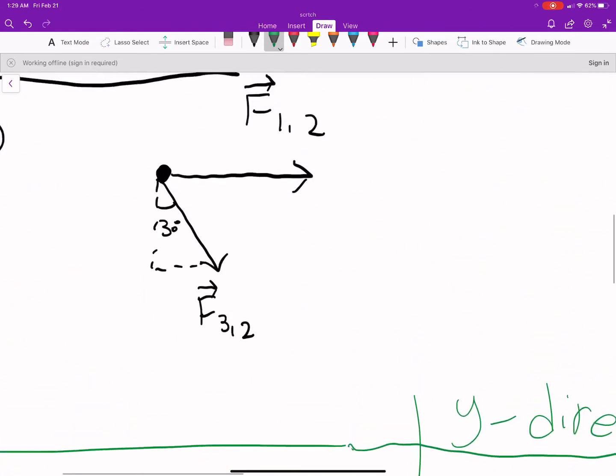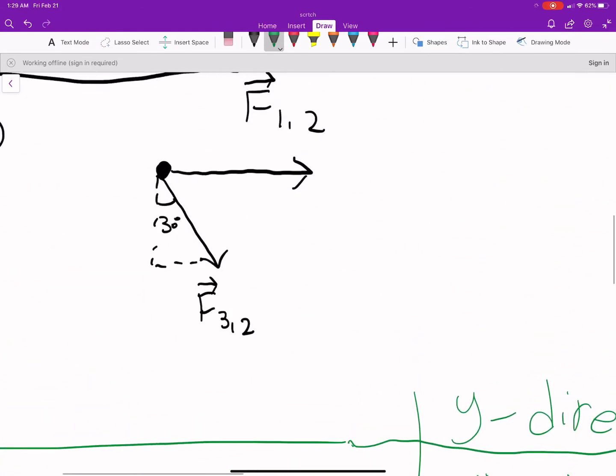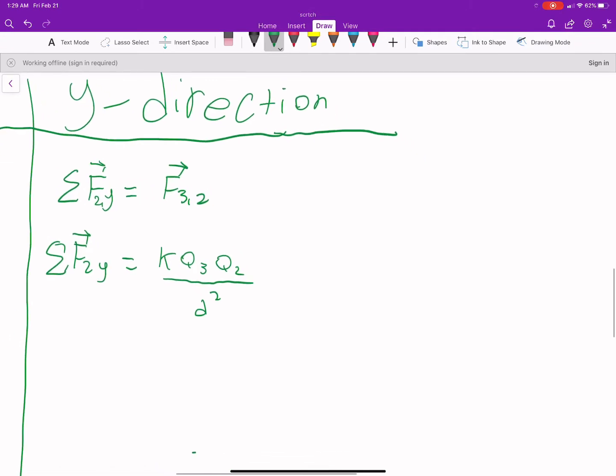And if we look at our free body diagram, we're going to want cosine of 30, which is root 3 over 2. So if you plug all this stuff in, you should get about negative 103.923.